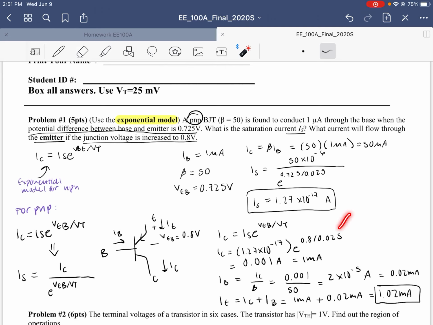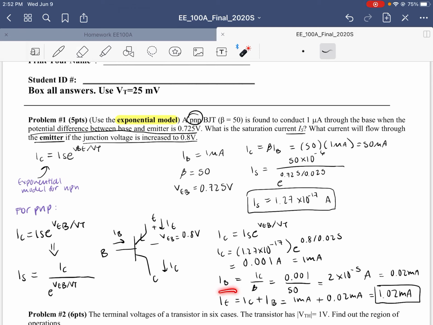This is the value of VT, this is VEB, and we're going to get that IC is equal to 1 milliamp. And then using this same identity, we're going to rearrange it to solve for IB, and we're going to get that IB is equal to 0.02 milliamps.